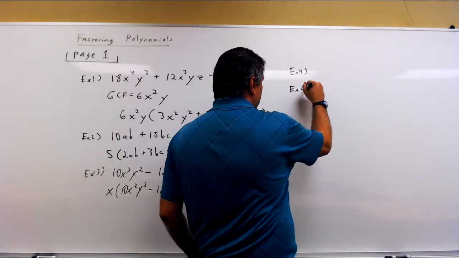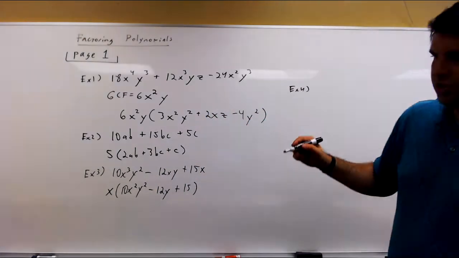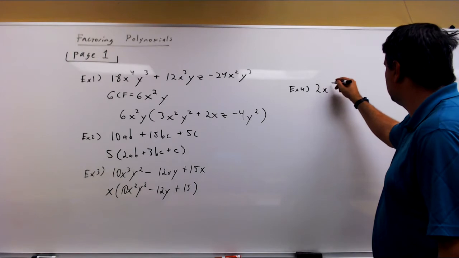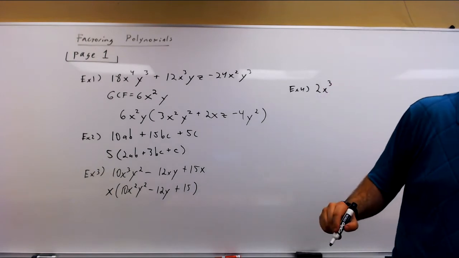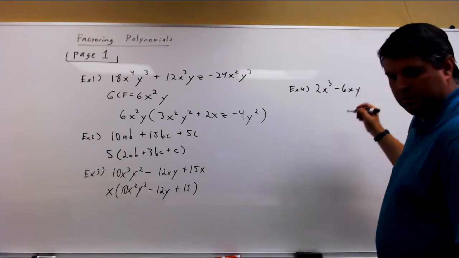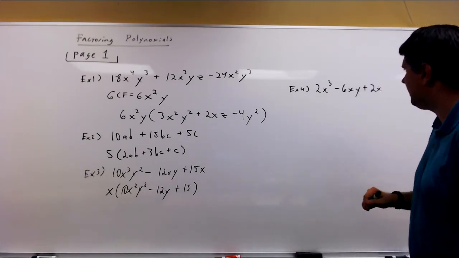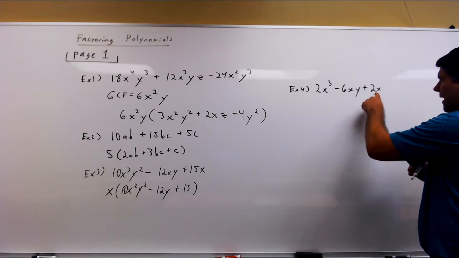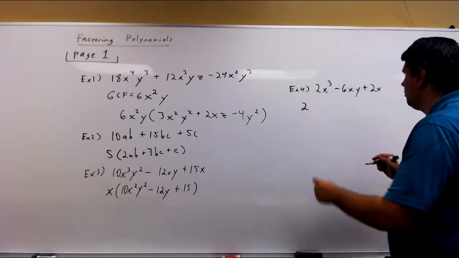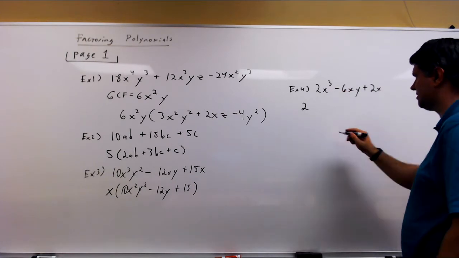Example 4, I have 2x cubed minus 6xy plus 2x. Okay, all three of them are divisible by 2. The lowest appearing power of x between x cubed, x, and x is x to the first.